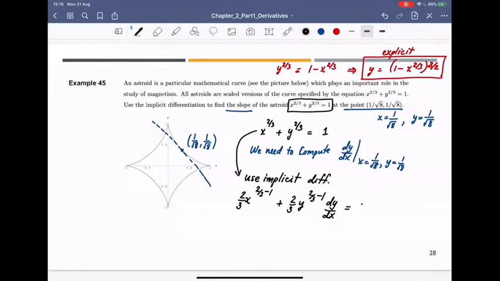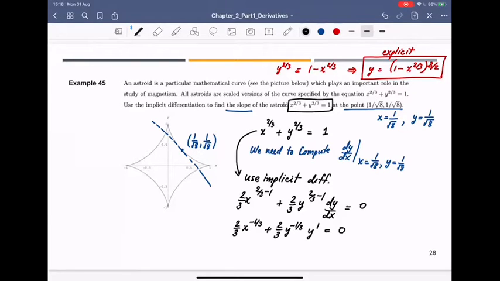So after that you have 2/3 x to the negative 1/3 plus 2/3 y to the negative 1/3, times y prime, equal to 0.